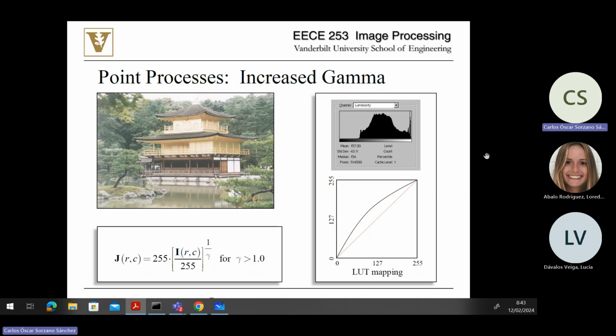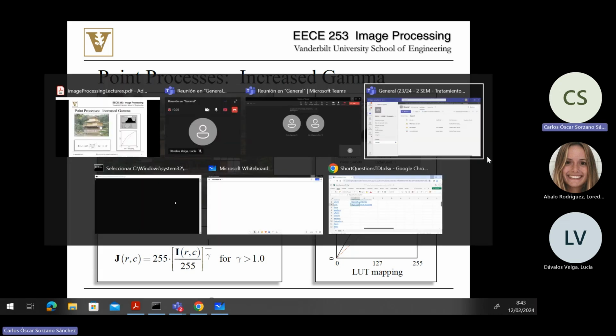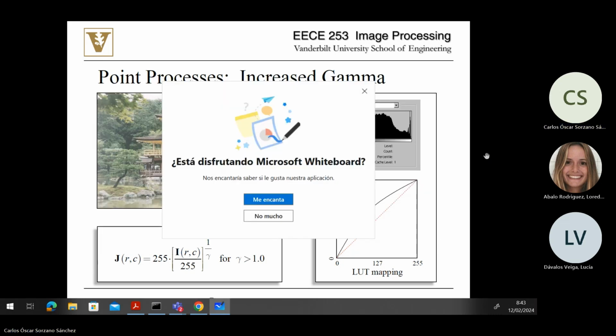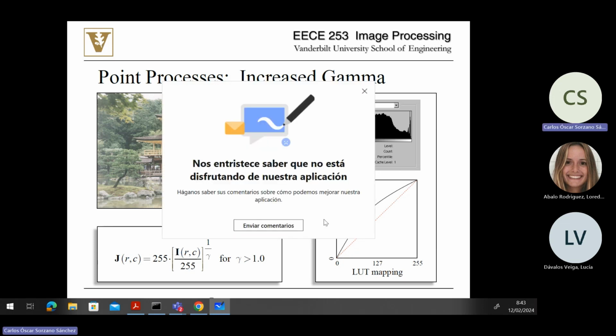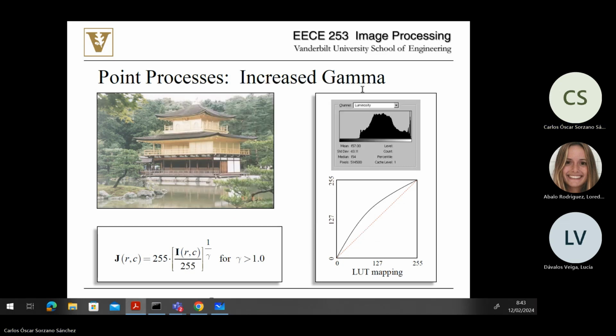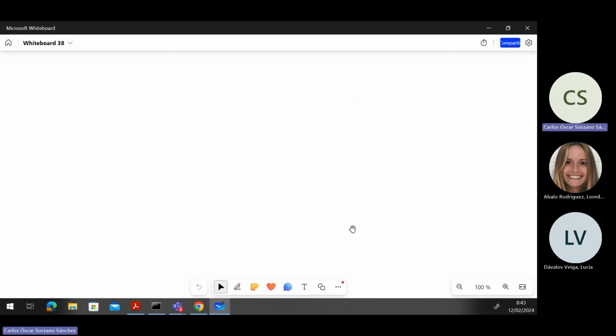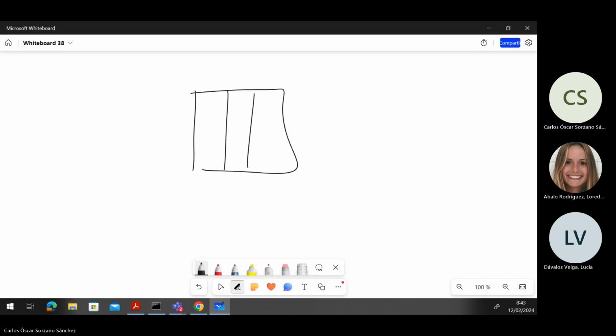We will continue with the point processes, and the next operation that we will see is this increased graph. So just a reminder of kind of operations. We have an image, we have an output image.